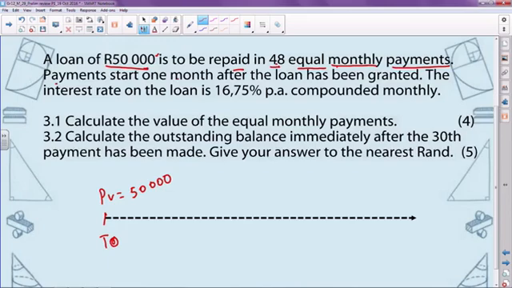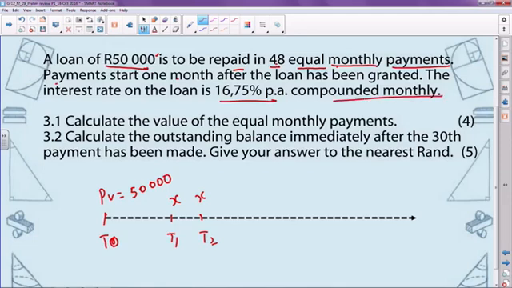Payments start 1 month after the loan has been granted, so 1 month later. So at T1, we start making payments. So far it sounds like an ordinary annuity. Payments are starting 1 month after the loan. They tell you the interest rate on the loan is 16.75% per annum, compounded monthly.